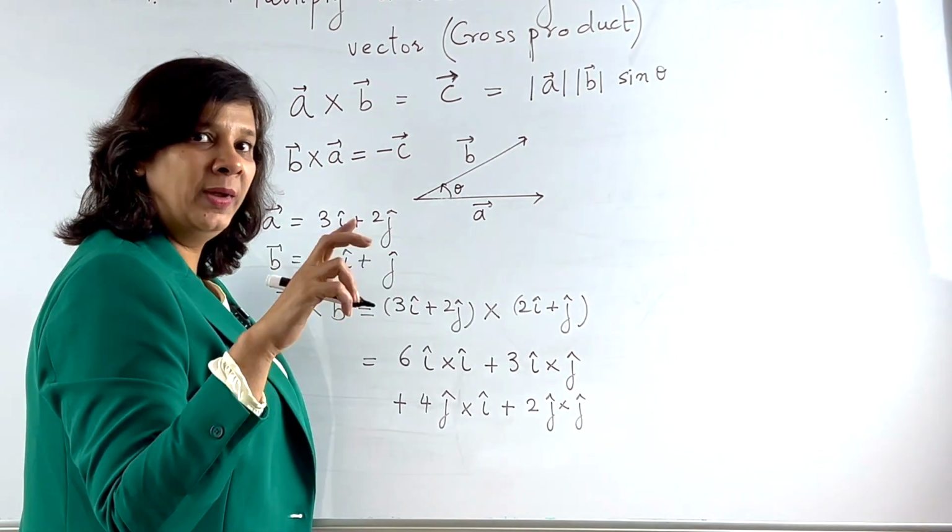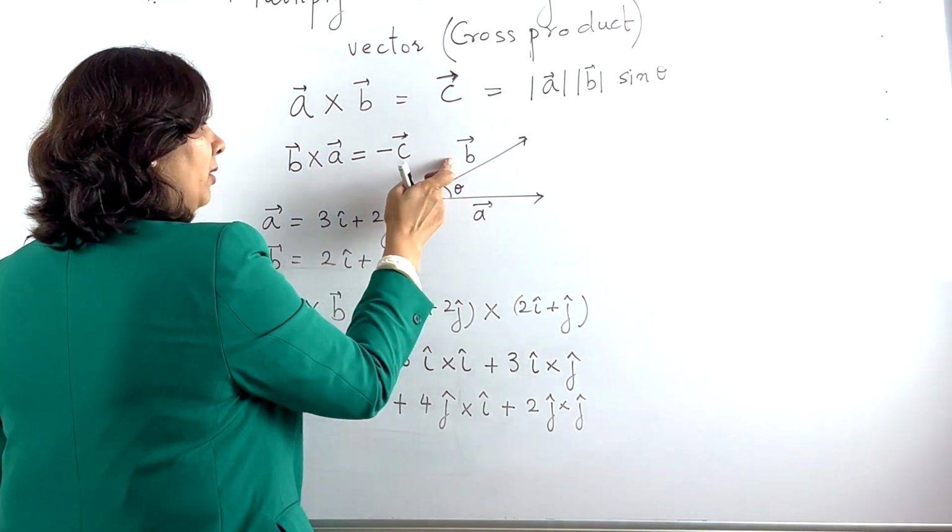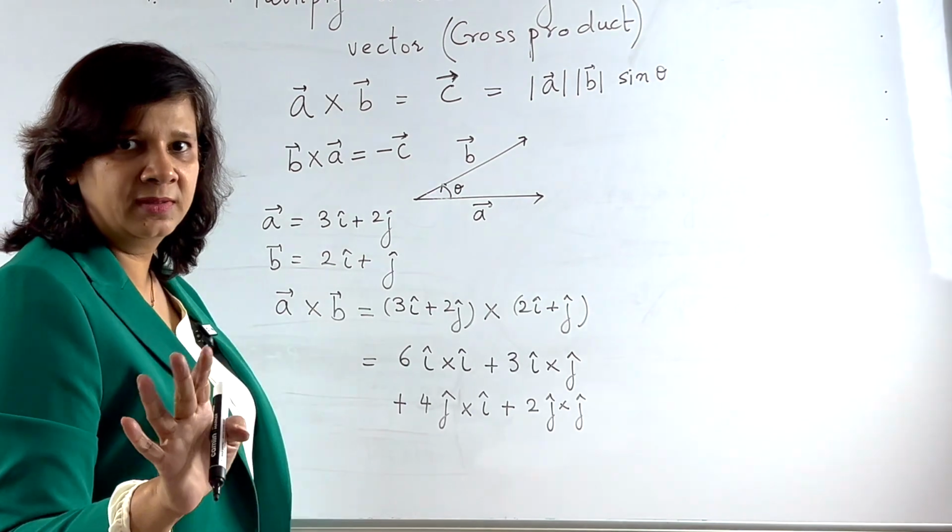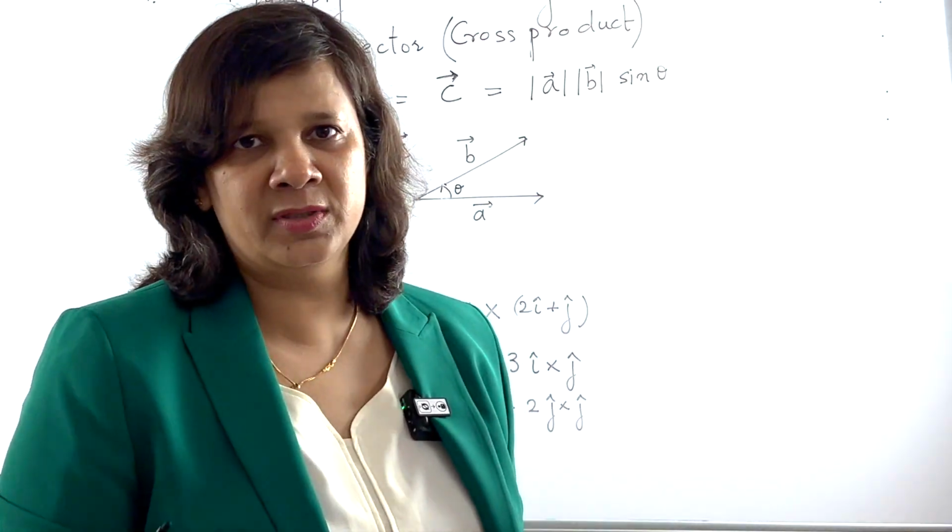In the dot product, we can take either angle, whether the smaller or the bigger. It doesn't make any difference. Both will give you the positive quantity.